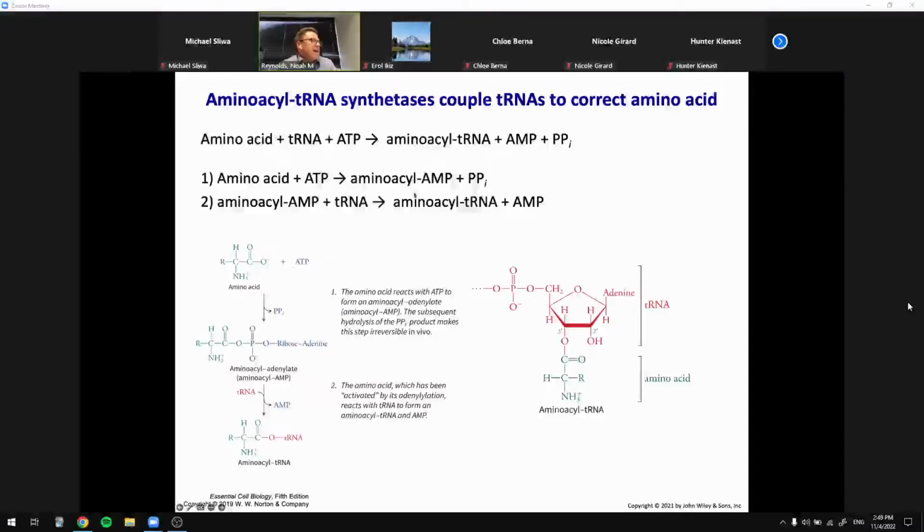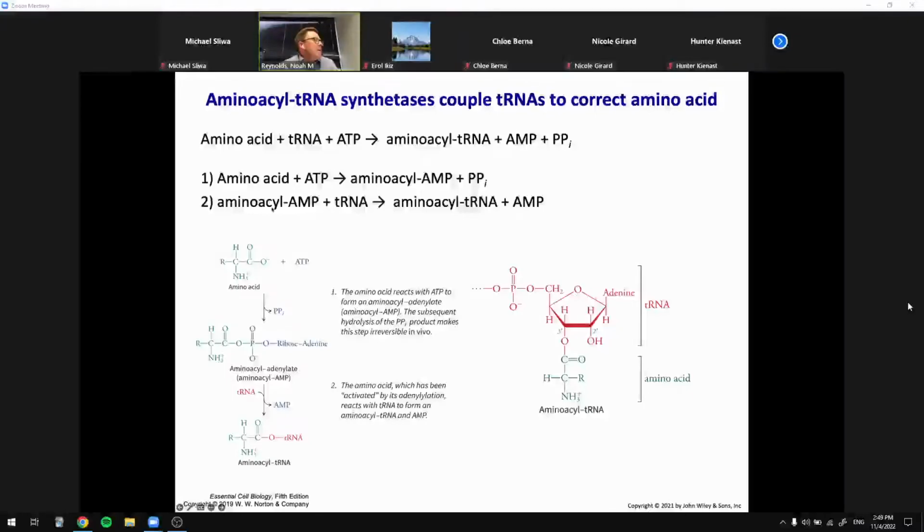So we have the amino acid with AMP, and then we release the pyrophosphate. And releasing that pyrophosphate, really almost instantly it gets hydrolyzed. And so that makes this reaction mostly irreversible.